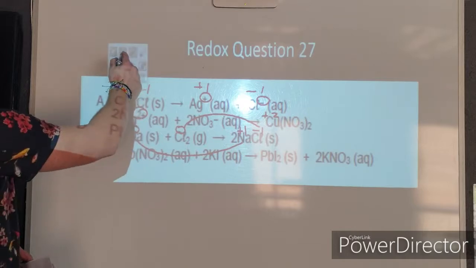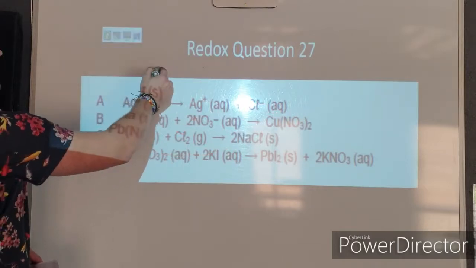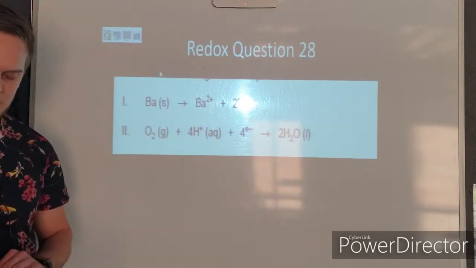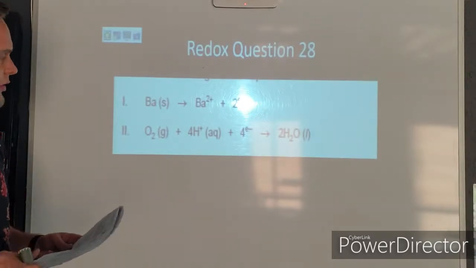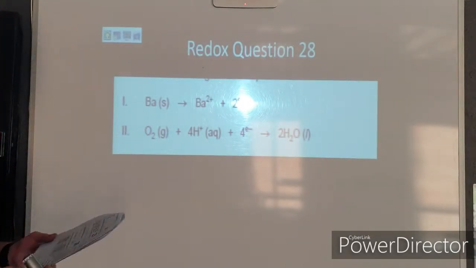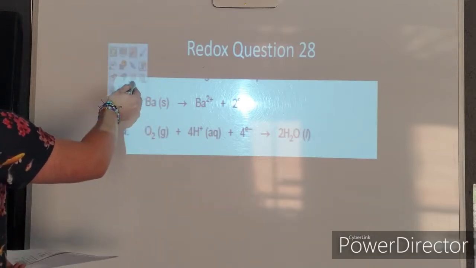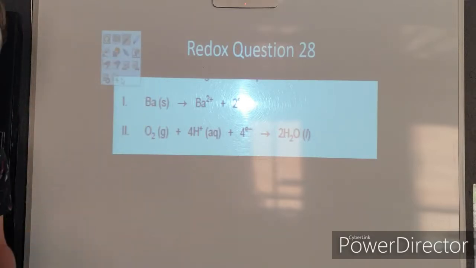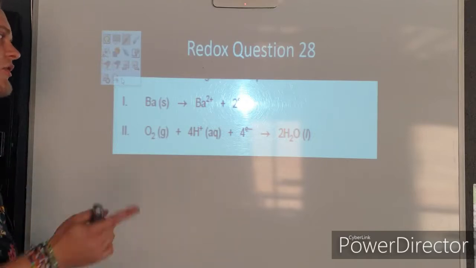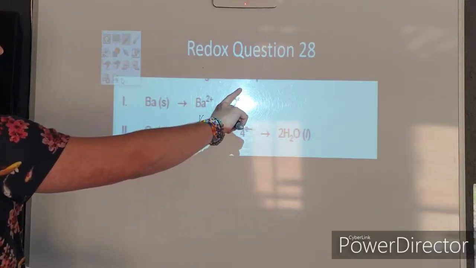Our next question is question 28, where we have the following reaction and we need to know which statement is correct. Okay, so let's go and see. There's an easy way to see if something is an oxidation reaction by looking at the electrons.